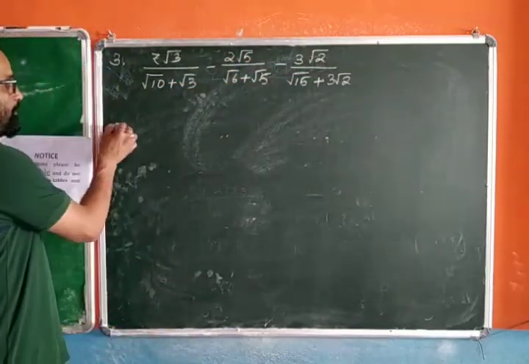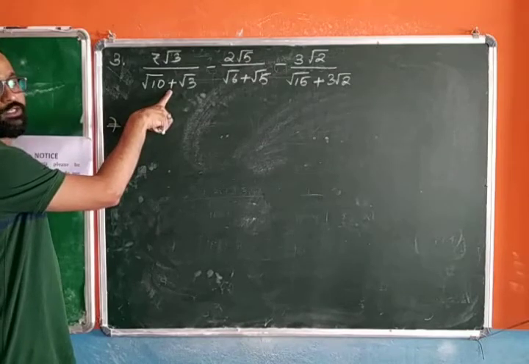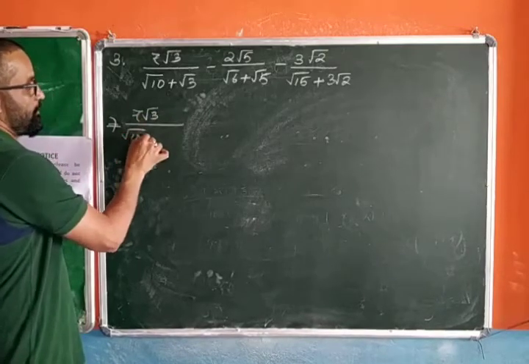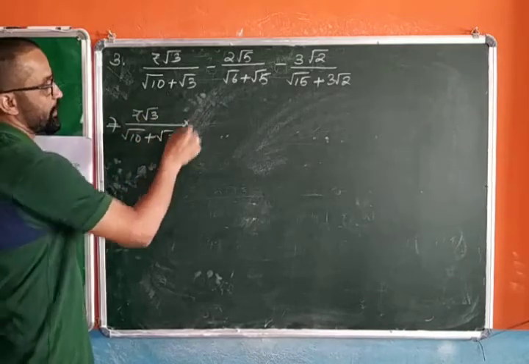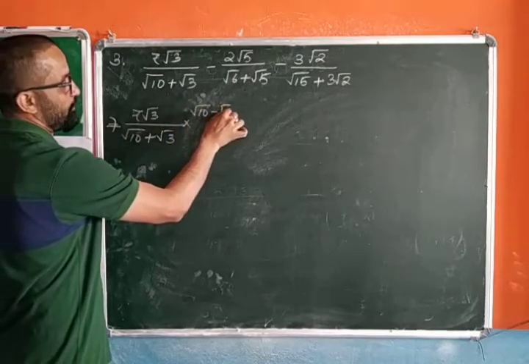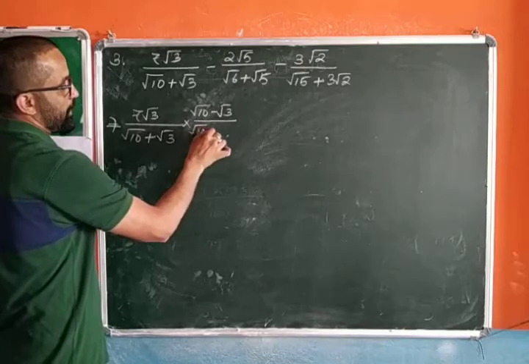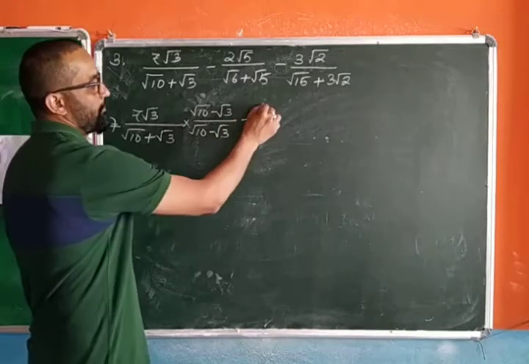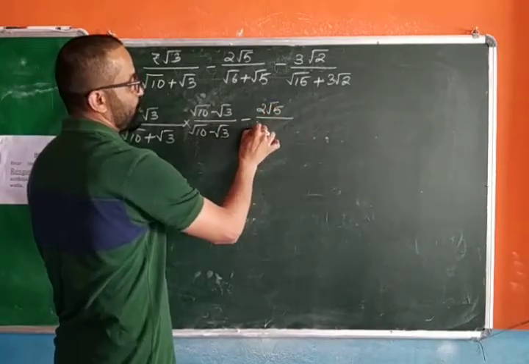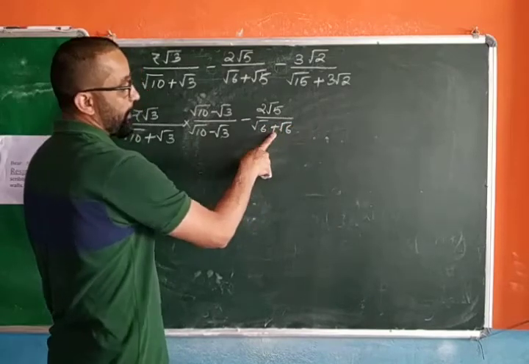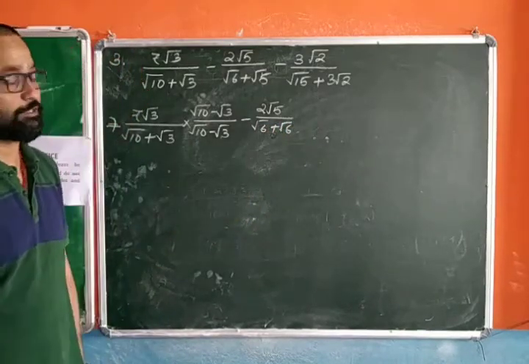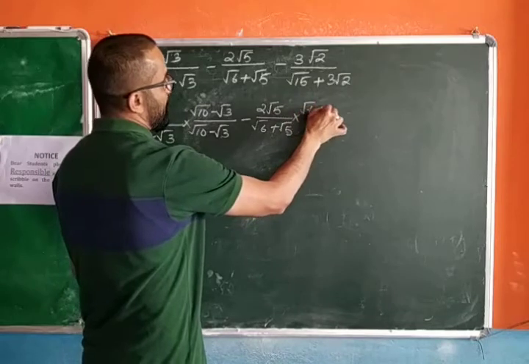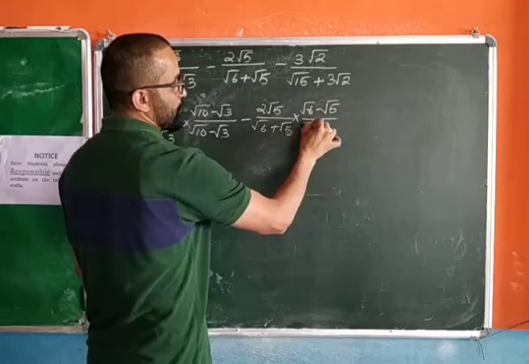The denominator has a positive sign, so the rationalizing factor has a negative sign. 7√3 divided by (√10 + √3), multiplied by (√10 − √3) divided by (√10 − √3). Minus 2√5 divided by (√6 + √5), again a positive sign at the denominator, so negative is the rationalizing factor: multiply by (√6 − √5) over (√6 − √5).